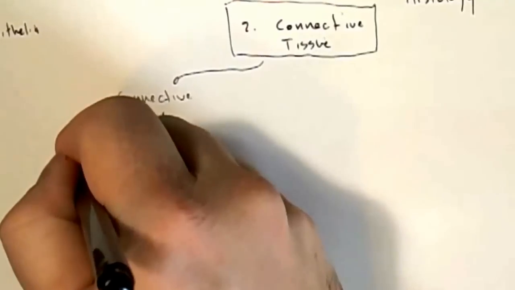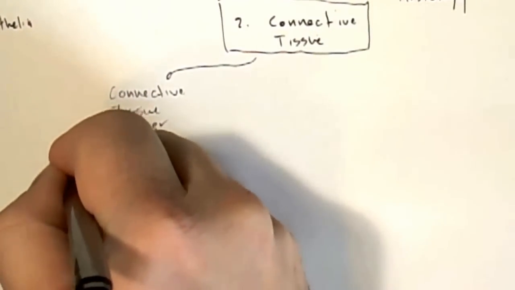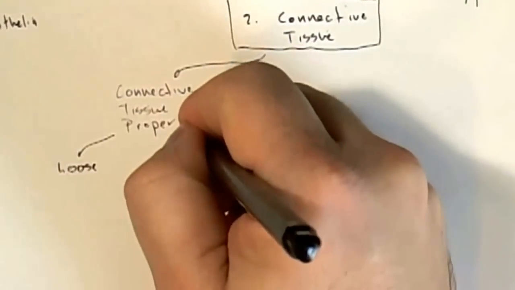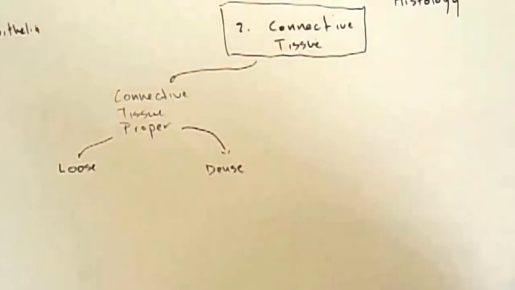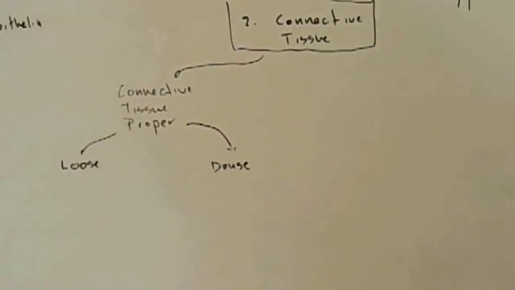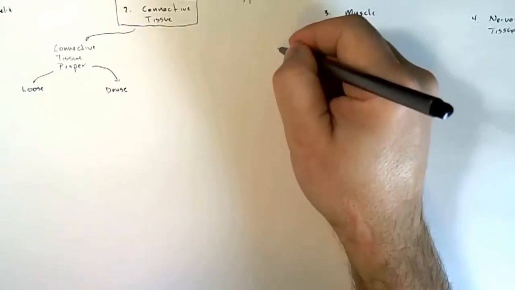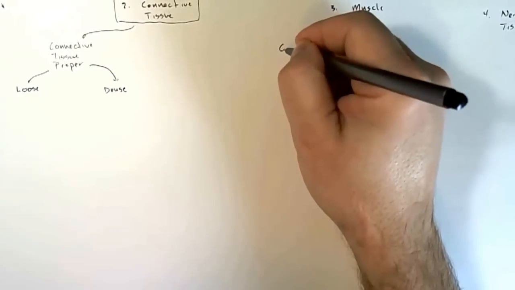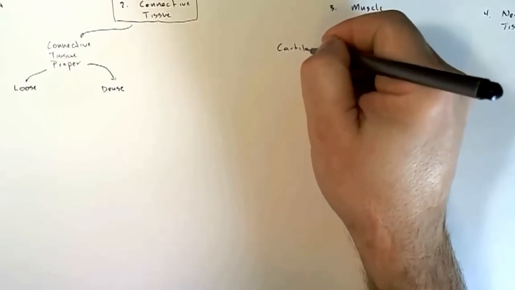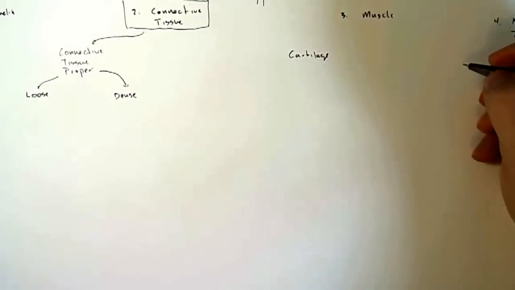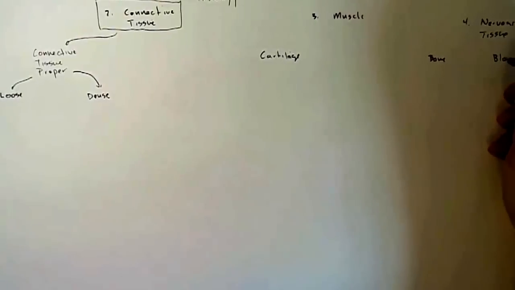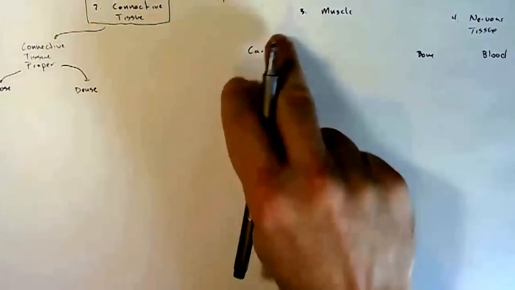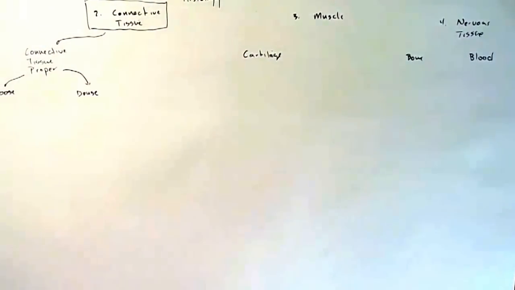You can have loose, or you can have dense. You also, within this, have cartilage, bone. And I'm spreading these out a little bit, you'll see, because there's different types of cartilage. And there's different types of loose and dense.